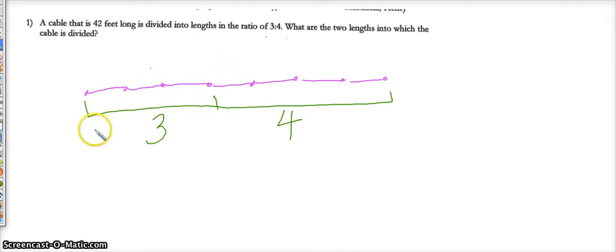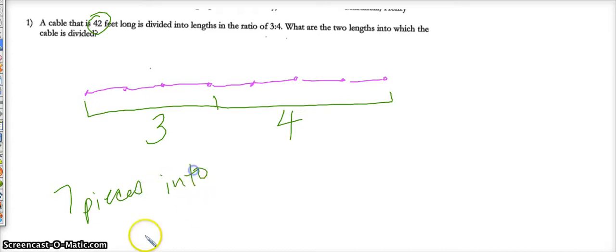If I asked you how many pieces total there are, there's a total of 7 pieces being broken down into 42 feet. So what would be the length of each individual piece?